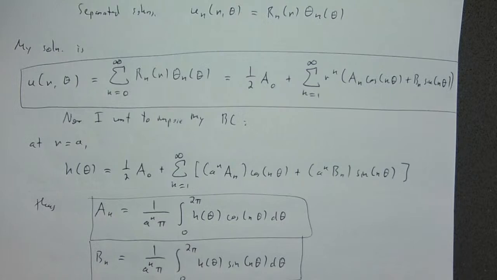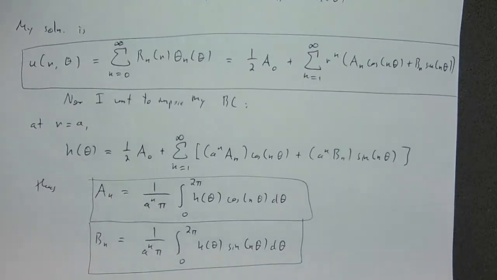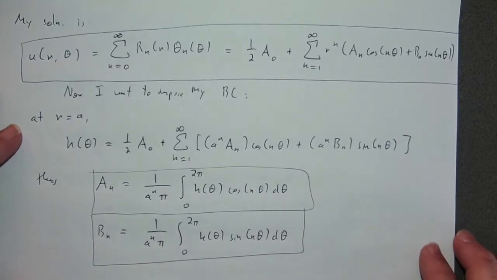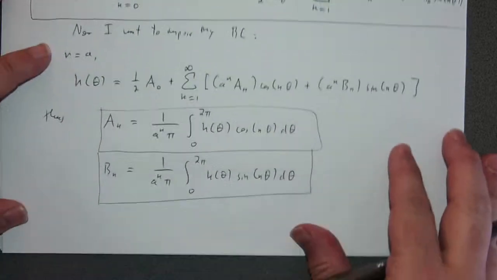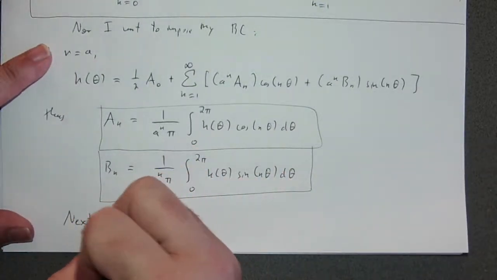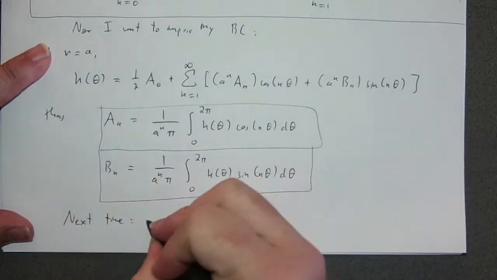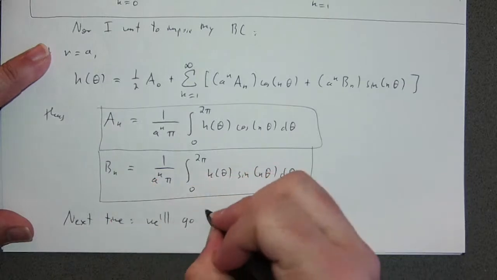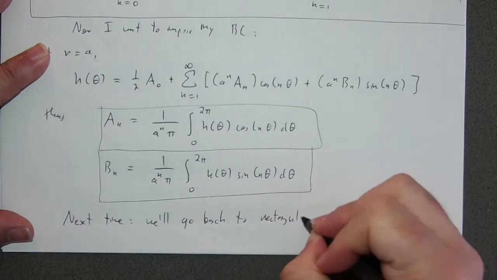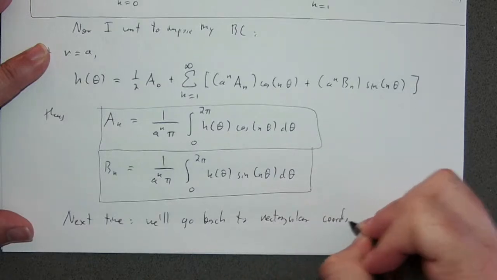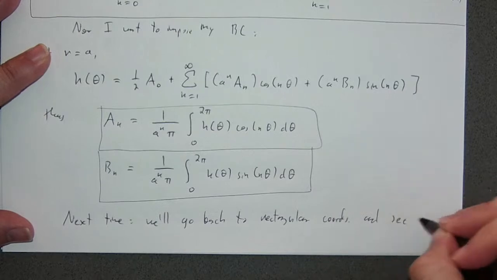And this might seem like a very convoluted way of going about this, but we'll see how this can be put back into rectangular coordinates next time to give us our final form. So next time we'll go back to rectangular coordinates and see what this formula looks like.